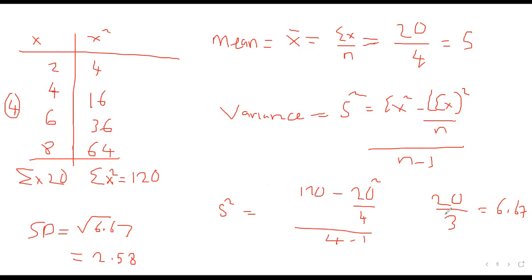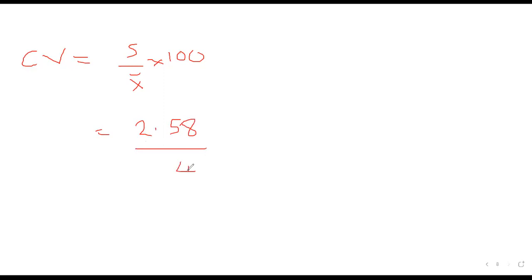It's clear. All right. Then we go to what we call the coefficient of variation. It is simply the standard deviation over the mean times 100. So here it was 2.58. Then our mean was what? 4.